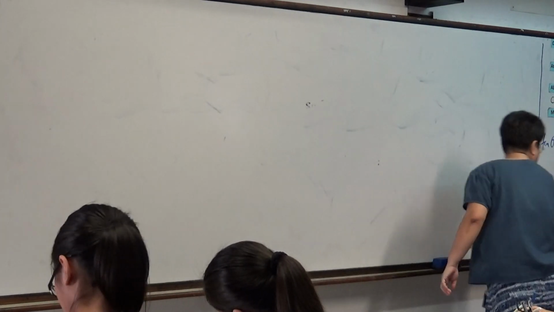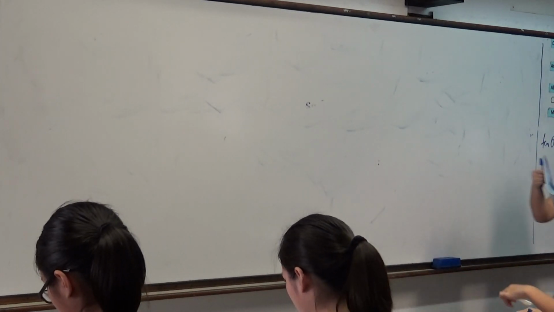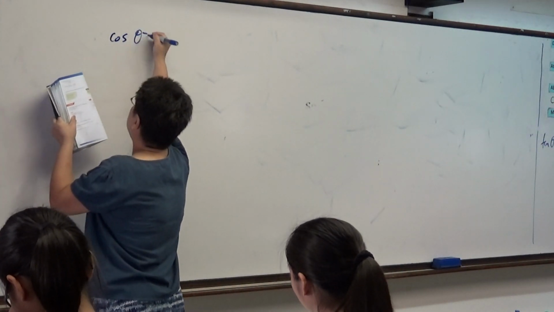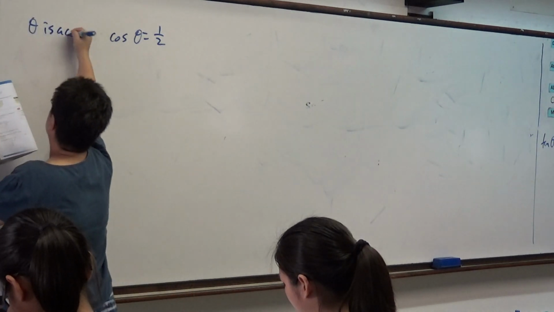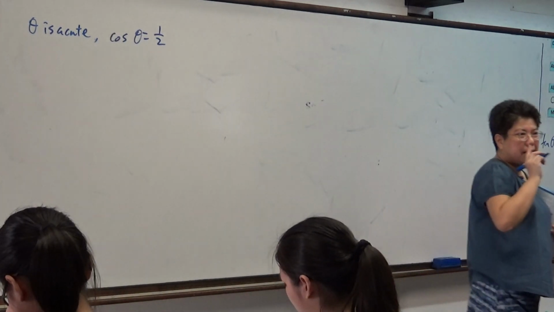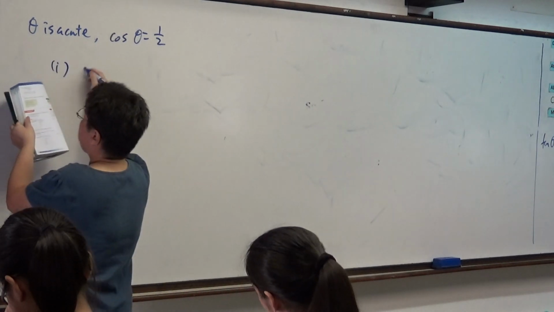Okay, let's take a look at example 3. Now, theta is an acute angle and cosine theta is half. Okay, theta is acute. What do you mean by acute? Less than 90, okay? Alright, find the value of 1.